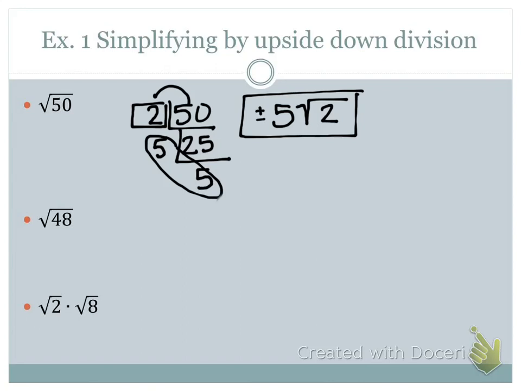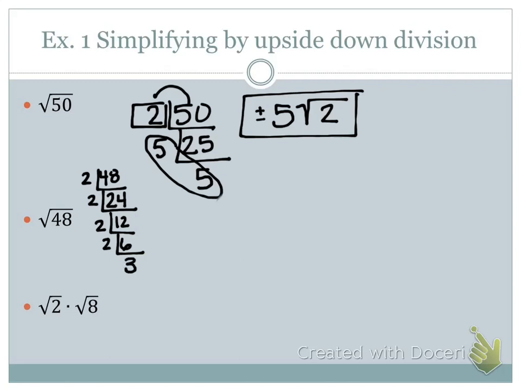I start with 48, and I ask myself, what is the smallest prime number that will go into 48? 2. 48 divided by 2 is 24. What's the smallest number that will go into 24? 2, gives me 12. What's the smallest number that will go into 12? 2 gives me 6. What's the smallest number that will go into 6? 2, which gives me 3.